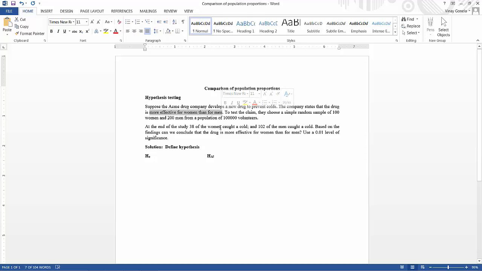That means once the study is finished, we will have fewer women having cold compared to men.